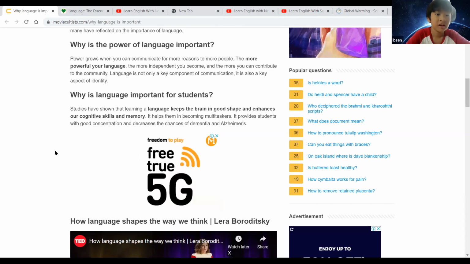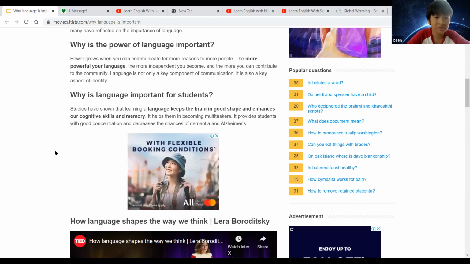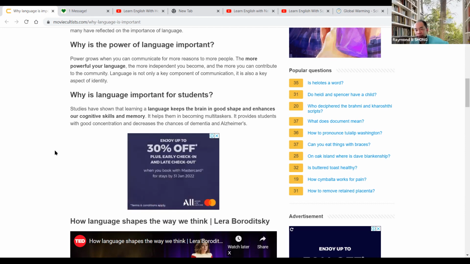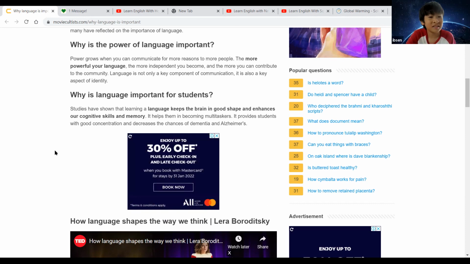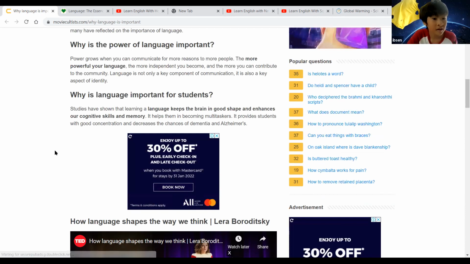Studies have shown that learning a language keeps the brain in good shape and enhances our cognitive skill and memory.